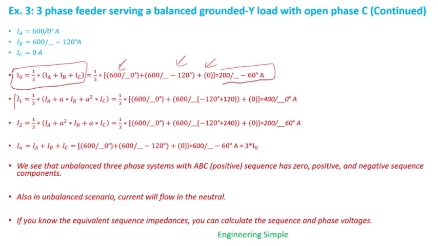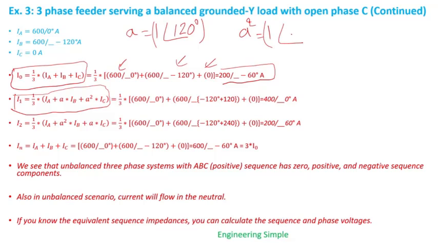The positive sequence current, here's the equation, then I just plug in the numbers, and just remember operator A is equal to magnitude of 1 and angle of 120 degrees, and A squared is equal to magnitude of 1 and angle of 240 degrees.